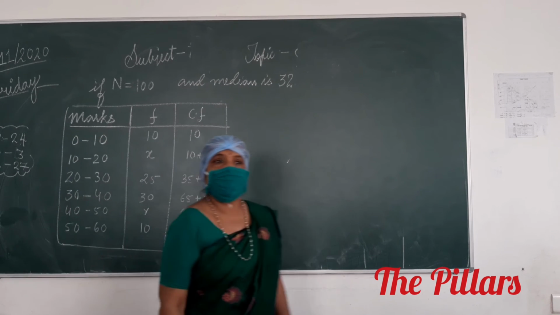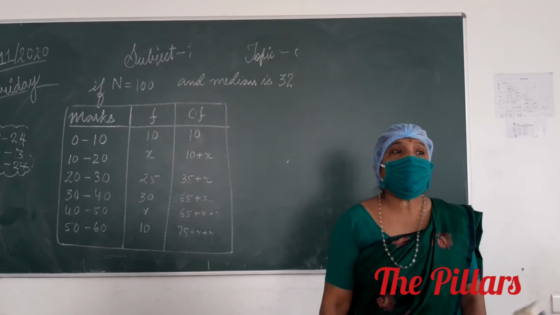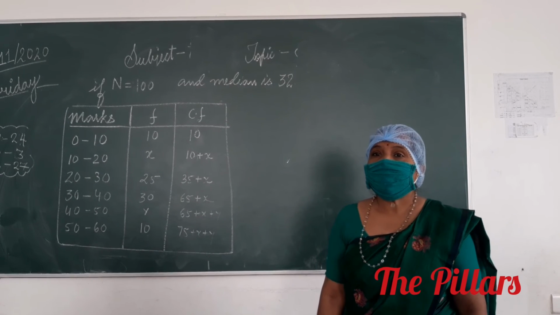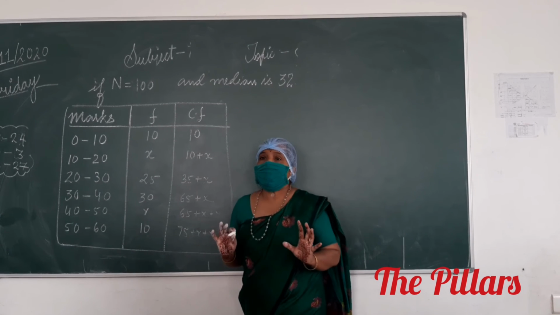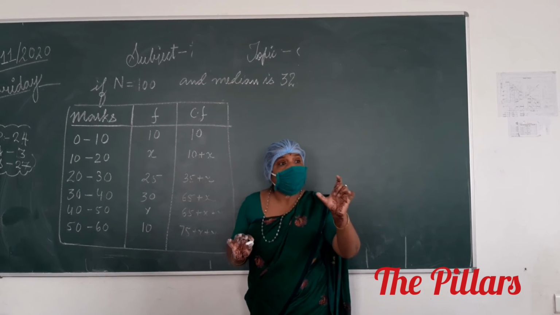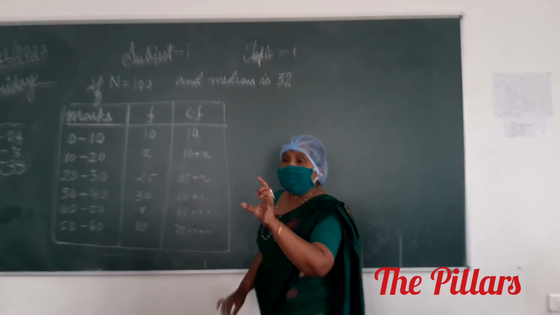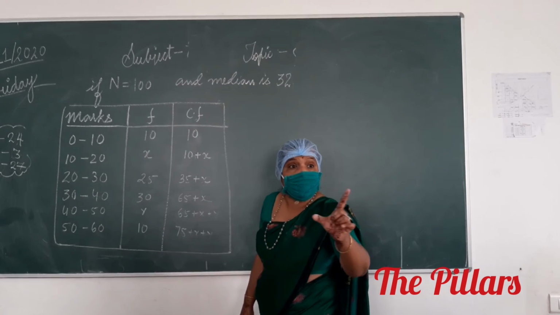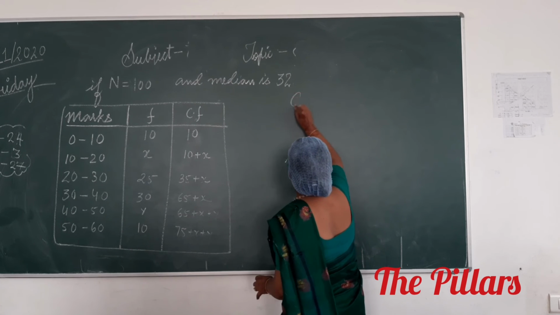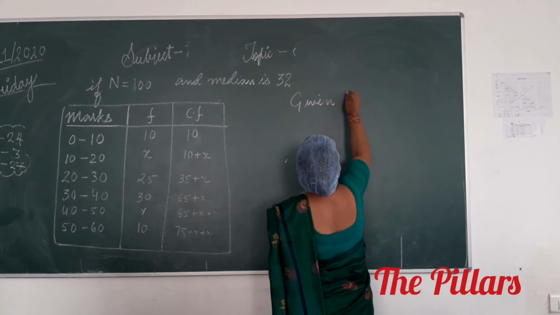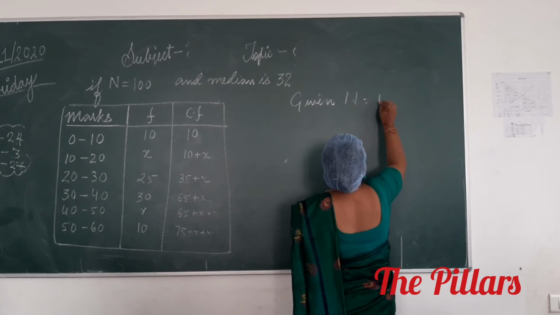Now what should we do? N by 2. First tell me, what is n? 100. N is the sum of all the frequencies. Write in the copy: n is equal to 100.